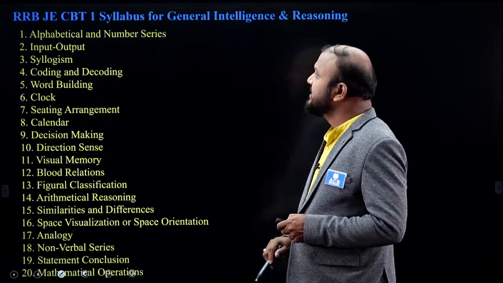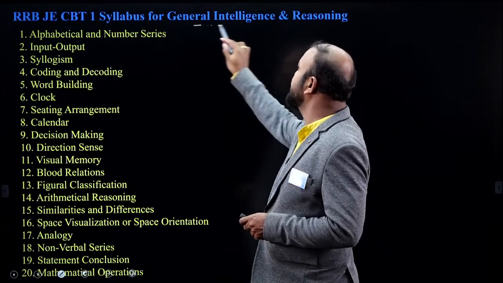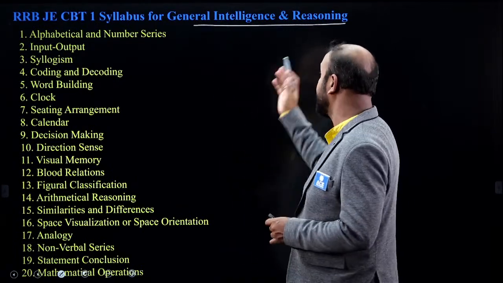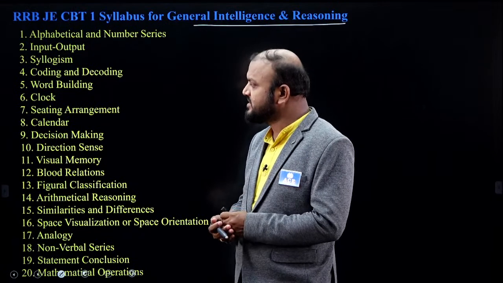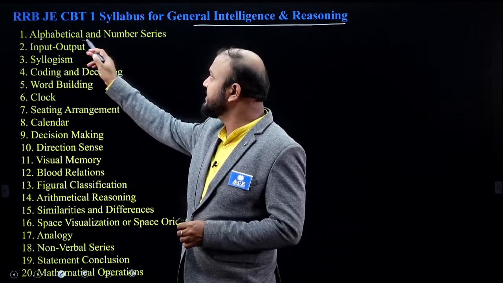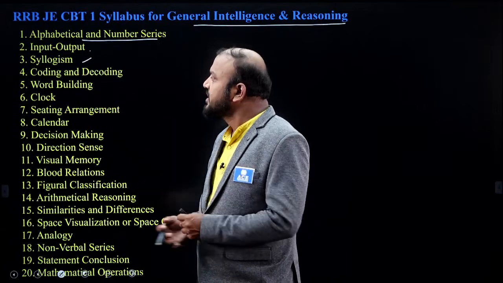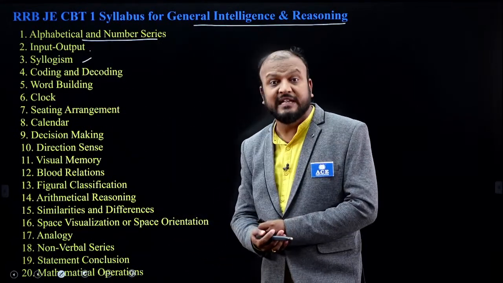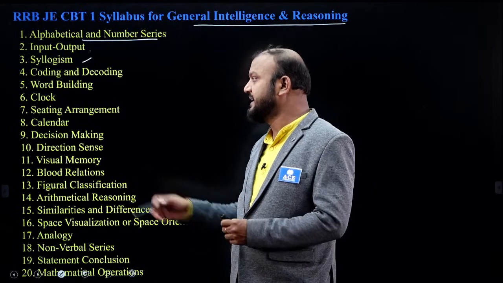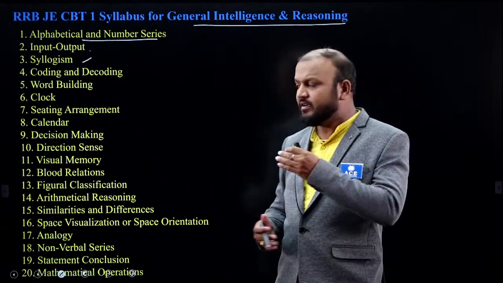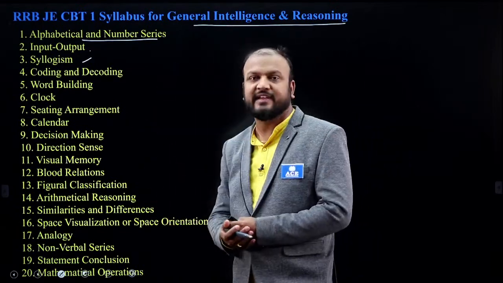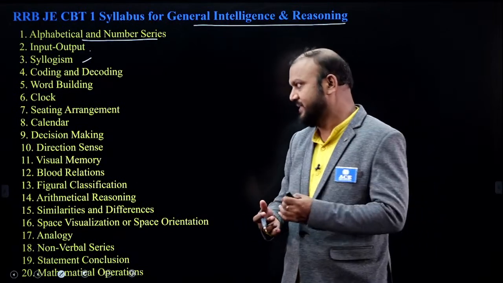Now look at the general intelligence and reasoning syllabus. It will be alphabetical and number series, input-output, syllogism, coding and decoding, word building, clock, seating arrangement, calendar. By looking at all these topics, generally we can call them numerical ability topics.